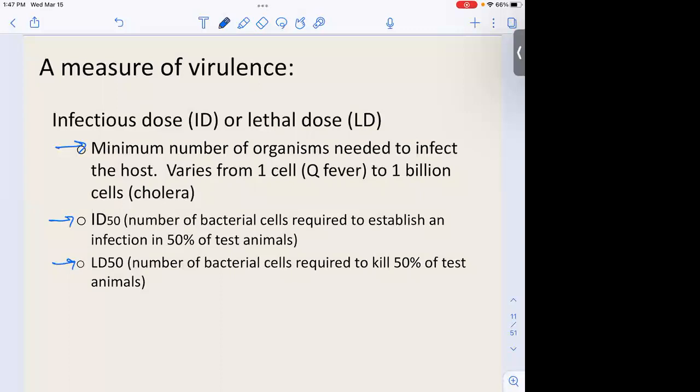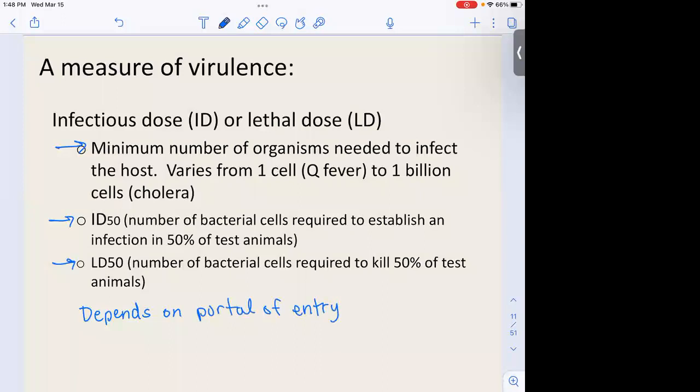Okay, so let's see. The actual infectious dose is going to depend on a couple things. It's going to depend on the portal of entry, which we're going to talk more about in just a minute, but that's where, in this case, the test organism is exposed to the pathogen. So whether that's through their mouth or a cut or whatever.